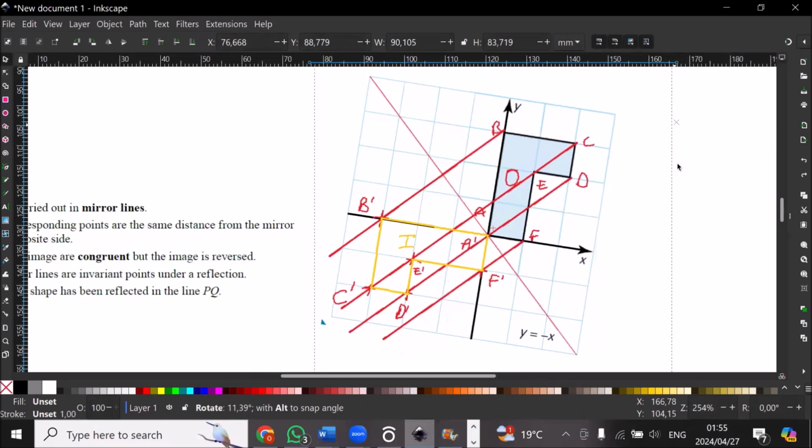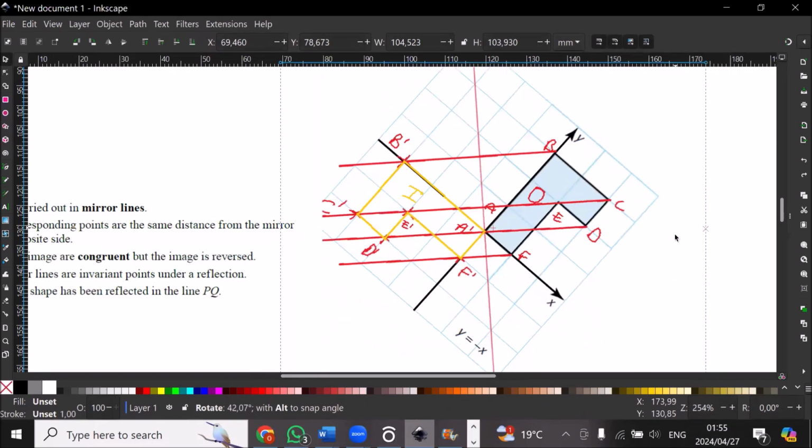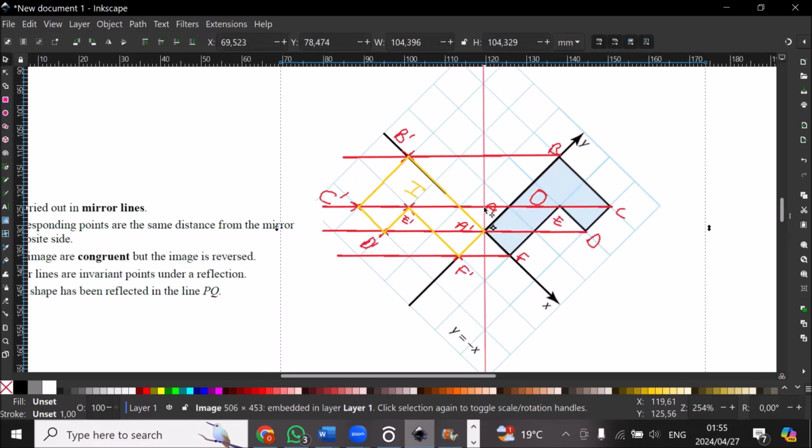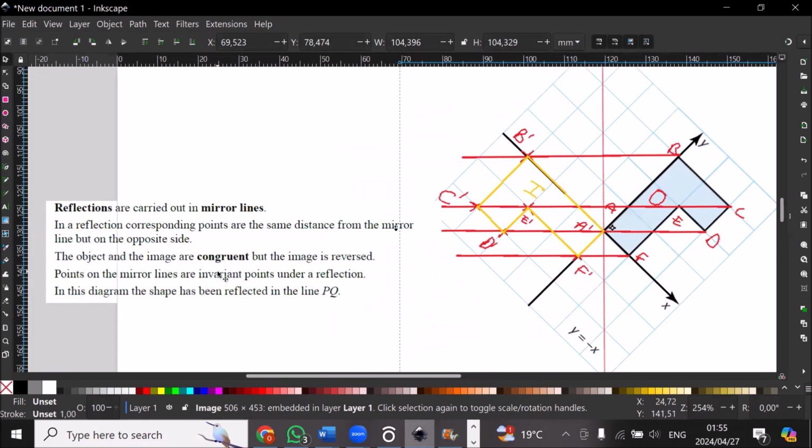When we rotate this so that the mirror line is vertical, we can see this has been reflected there. And we were told the object and the image are congruent, which means they are exactly the same shape, but the image is reversed. Look at this orientation, it's now reversed that side. Points on the mirror line are invariant. A is invariant, so it's carrying out all the properties of a reflection.